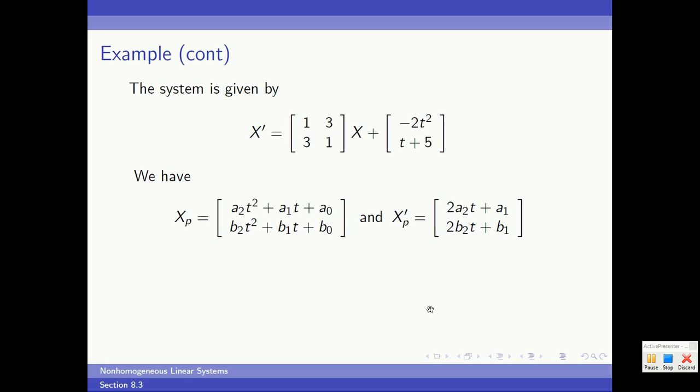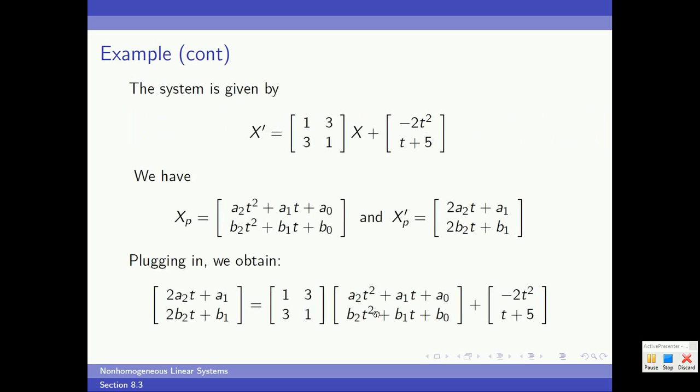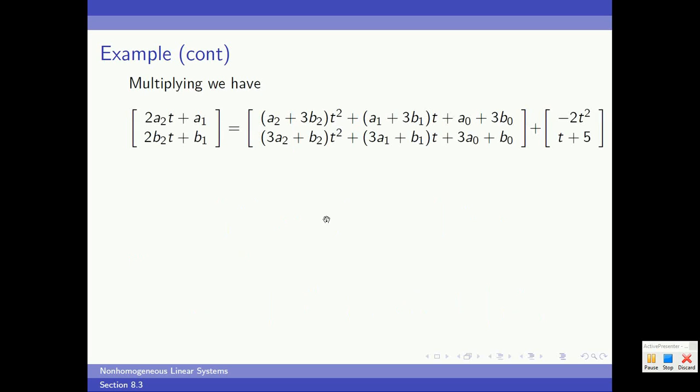And that gives me what I have on the top here. So 1 times my top one plus 3 times my bottom one. So this is what I get. And then similarly, I had the 3 times my top one plus 1 times my bottom one. So again, 3 times my top plus 1 times my bottom, I get this part. This is what my f was.